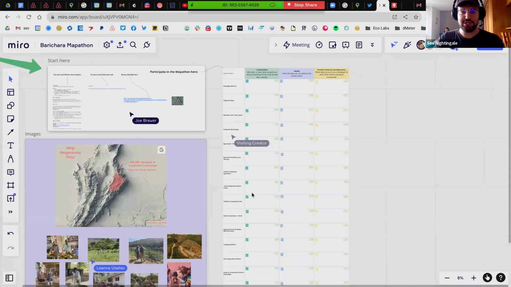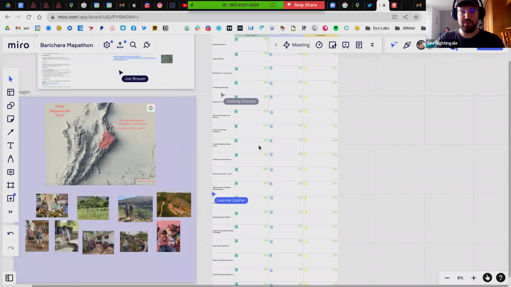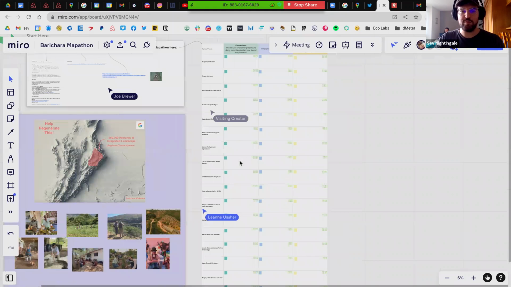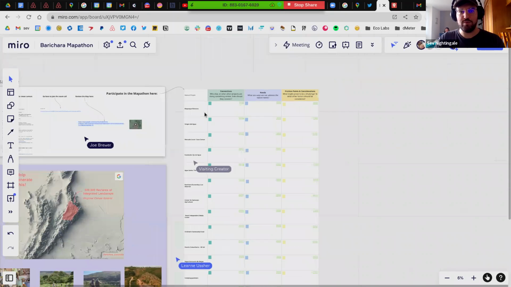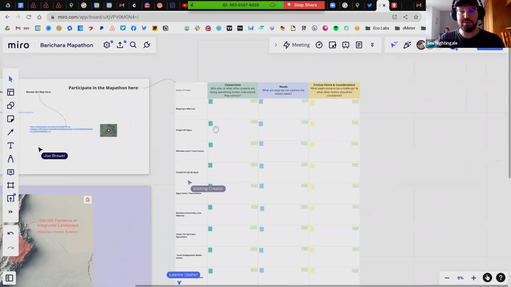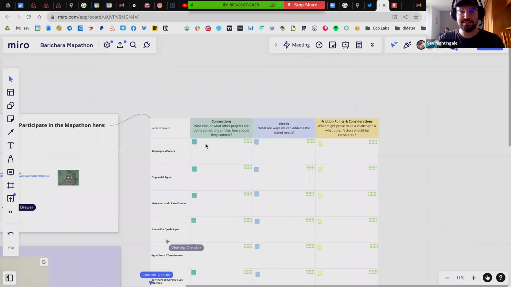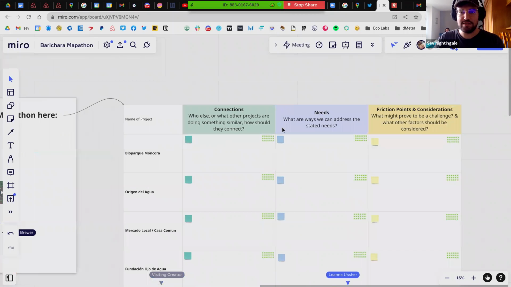For each project, they're all outlined here. We have a lot, so we might not get through all of them. We've prioritized a handful, and we'll be spending time sharing insights and perspectives on these three categories and columns.